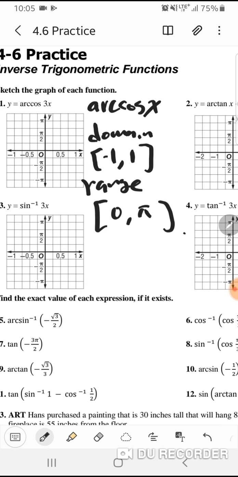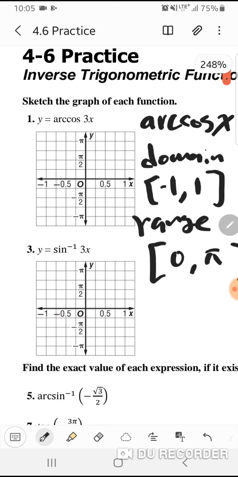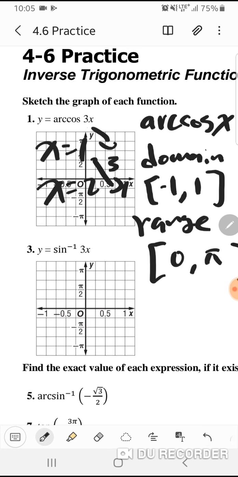because we now have a 3 here, that would mean that our domain would be a third of what we would have had. Why? Because now as our x increases, it would be our cosine 3, and then our cosine 6.